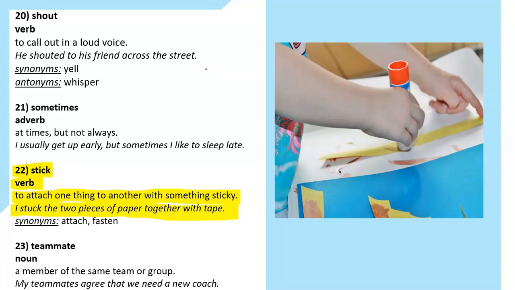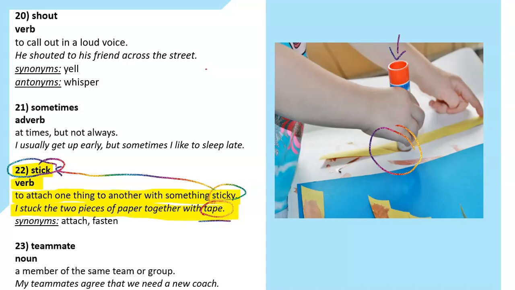Of course, when we want two things to come together, if it's paper, we use glue or maybe we use tape because they are sticky. And sticky things help us stick things together. Remember, stick is the action and sticky is the adjective. So we stick things together with glue or we stick things together with tape.